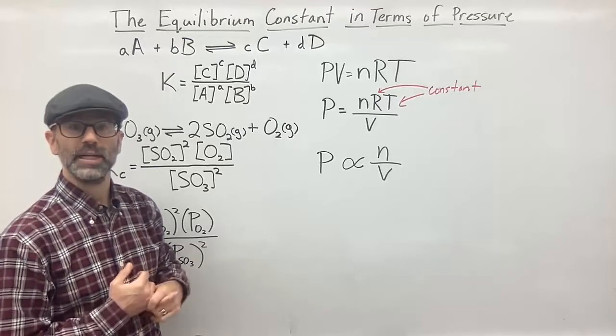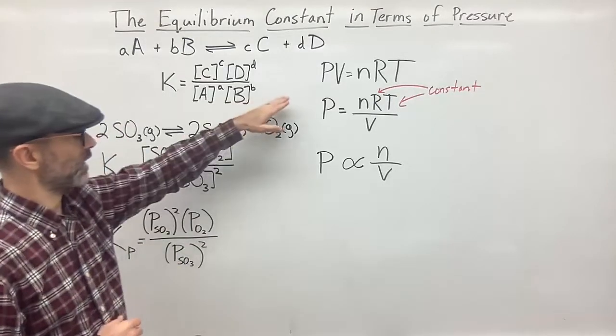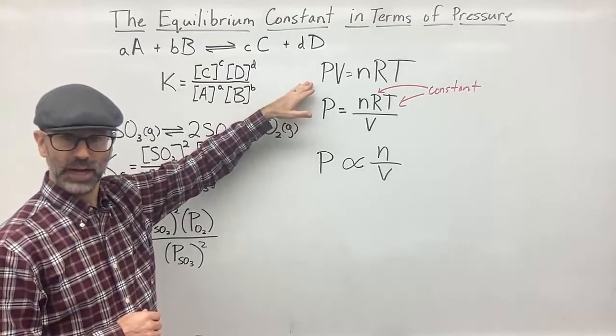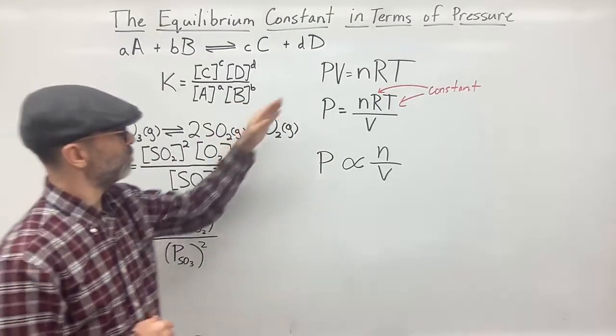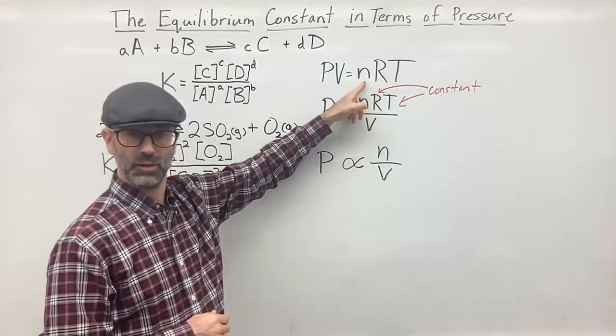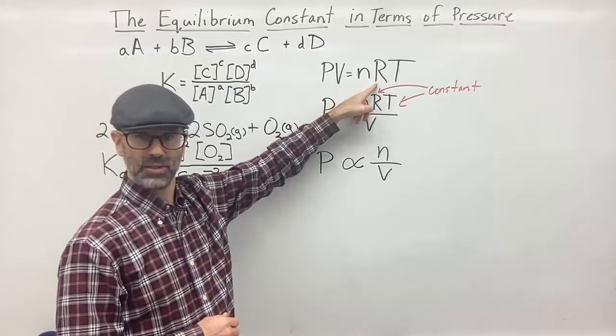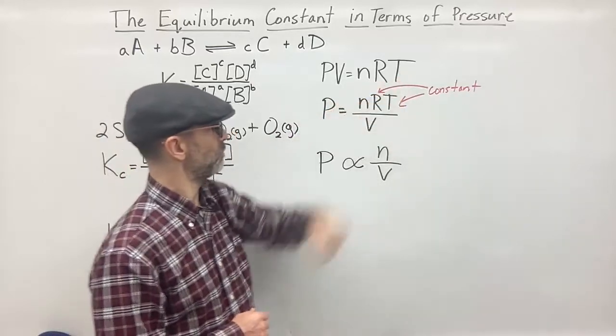But the one thing we need to keep in mind is that from our understanding of the ideal gas law, we know that PV, pressure times volume, is equal to the amount of gas in moles multiplied by the ideal gas law constant multiplied by temperature.